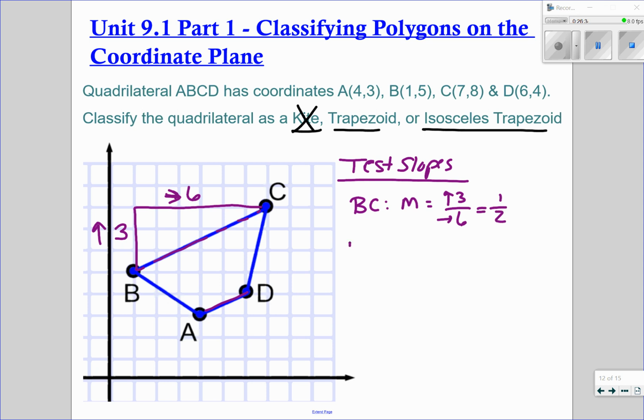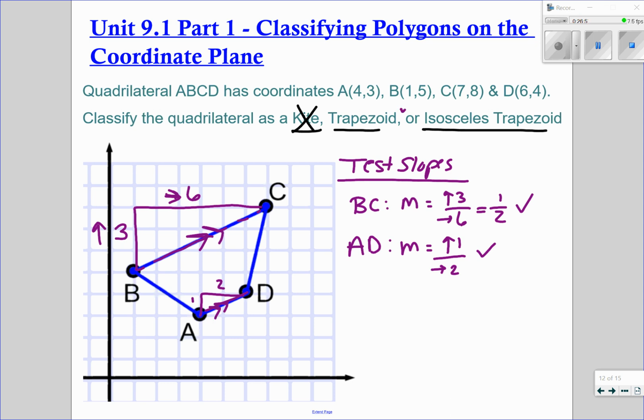For side AD, we could show our rise over run of up 1 over 2. So our slope here, up 1 and then over 2, gives us a positive 1/2. So we can go ahead and say these sides are in fact parallel to each other.